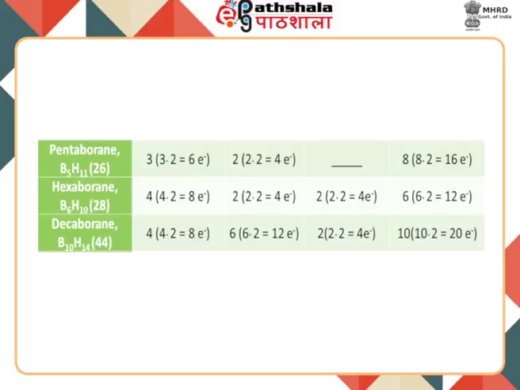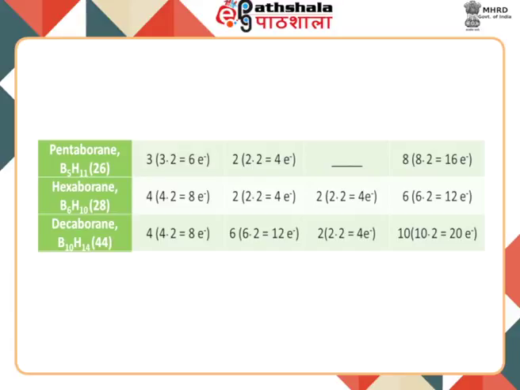This table is indicating the number and the types of bonds present in some of the boranes: the valence electrons, the bridging 3 center 2 electron bonds, and the BBB bonds. In diborane we have 12 valence electrons, and the bridging 3 center 2 electron bonds are 2. In tetraborane, that is B4H10, there are 4 BHB bonds and there is no BBB bond.